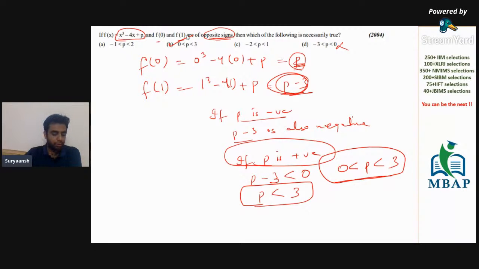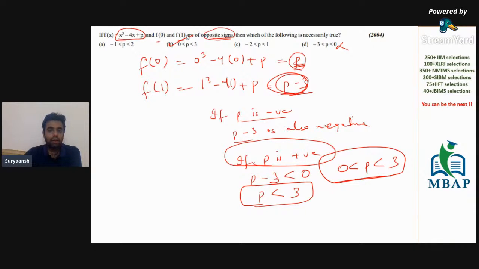If there are any doubts, then... Is division in functions possible? What do you mean by division, Shiva? You mean f of x divided by f of y? If that's what you are talking about, then that's also there.